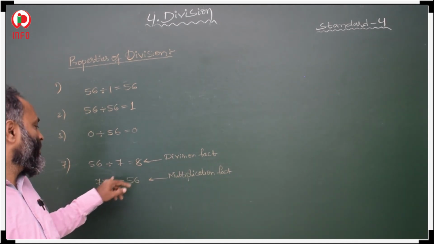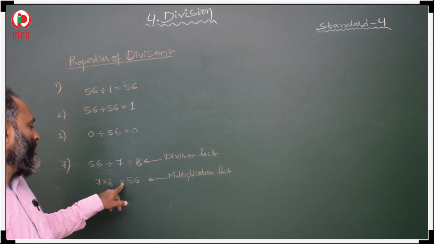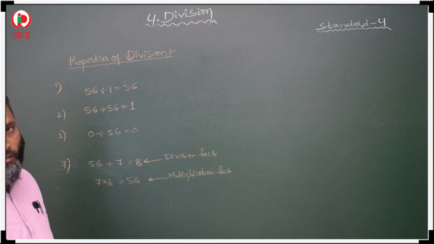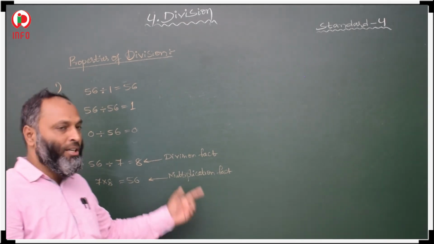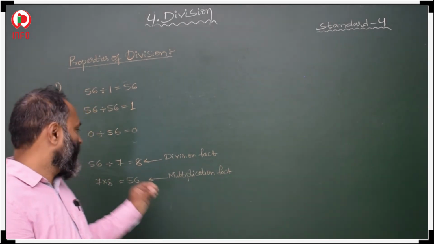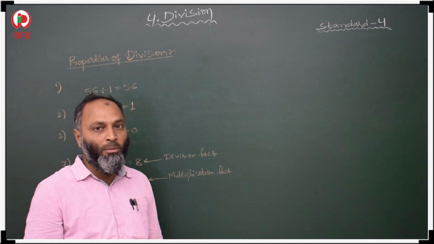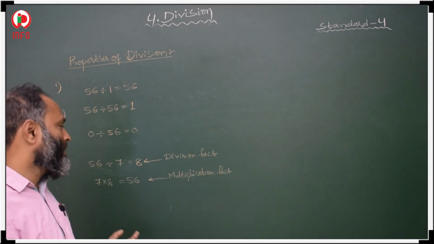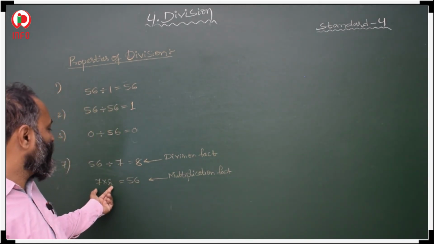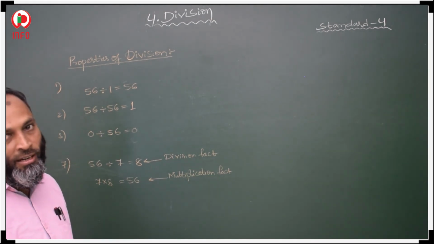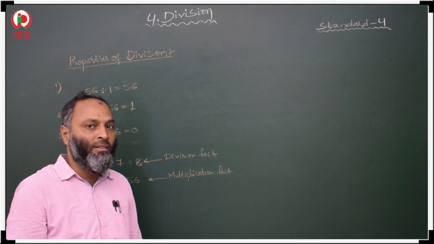So divisor into quotient is equal to dividend. This is a multiplication fact. So division has a division fact as well as a multiplication fact.